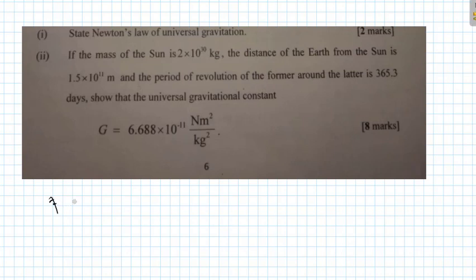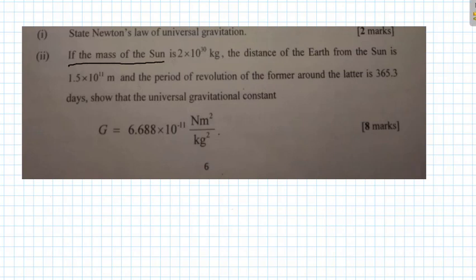So simply for you to remember, the force is directly proportional to the product of their masses, so we have m1 m2, but inversely proportional to the square of the distance between them. That is what Newton's law of universal gravitation states.